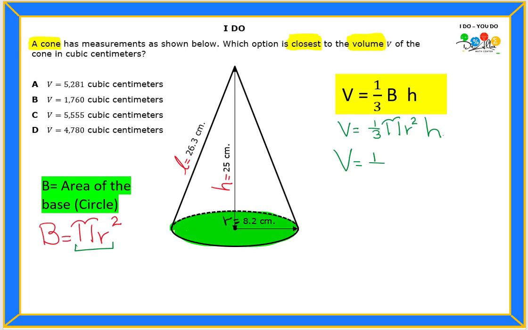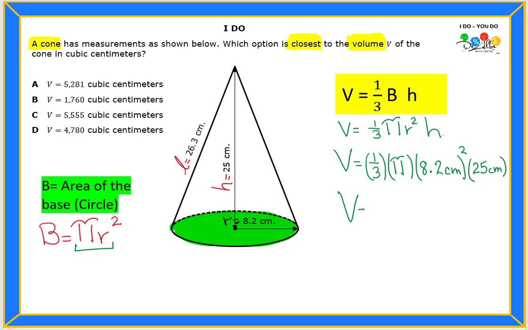My 1/3, I'm going to leave it alone. My pi, also, I'm going to leave it alone. I'm not going to replace it with anything. The radius is given to me as 8.2 centimeters, and that will be raised to the second power. And the height, again, is going to be 25 centimeters.